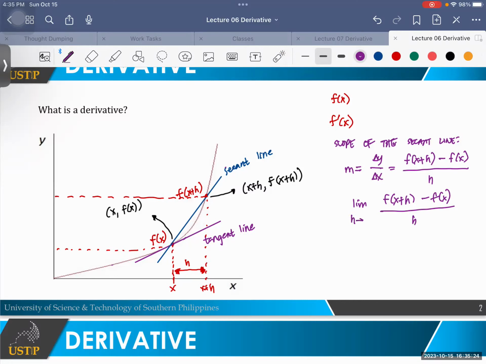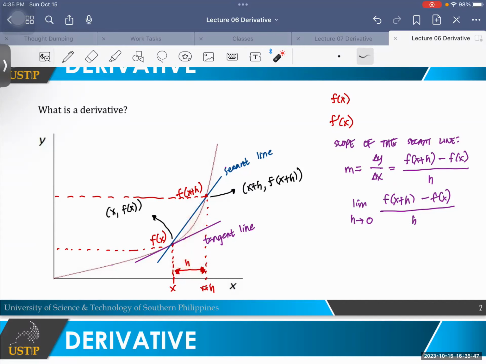When h approaches 0. Why 0? Because we want this value of h to shrink. For example, at this point, the h will be from here to here. But we want it closer, so at the next point, the h will be very small.